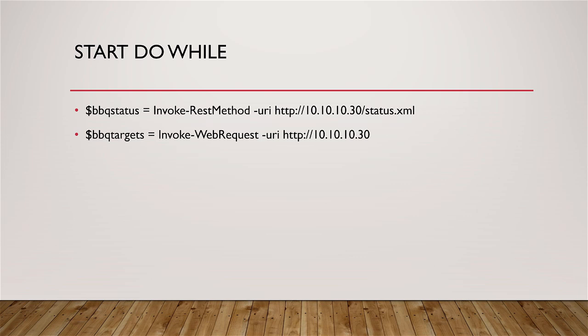Again, because it's returning XML, I want to use Invoke-RestMethod because it automatically converts those objects to PowerShell objects. But then I'll use Invoke-WebRequest for the barbecue targets because the way the web service is built, it's just serving up an HTML web page that I have to parse to get the current temperatures.